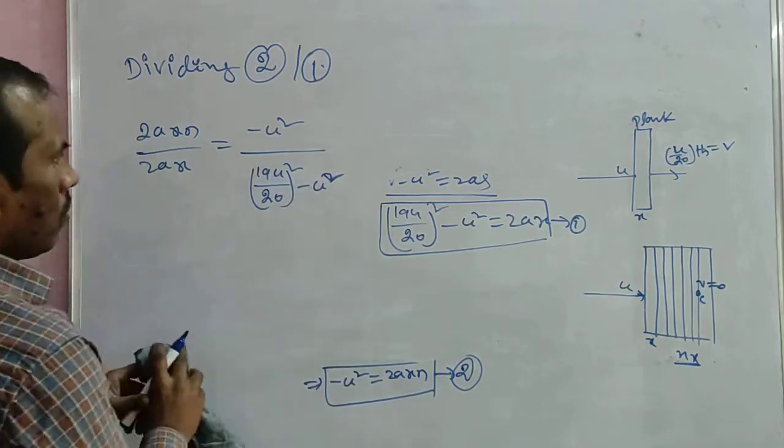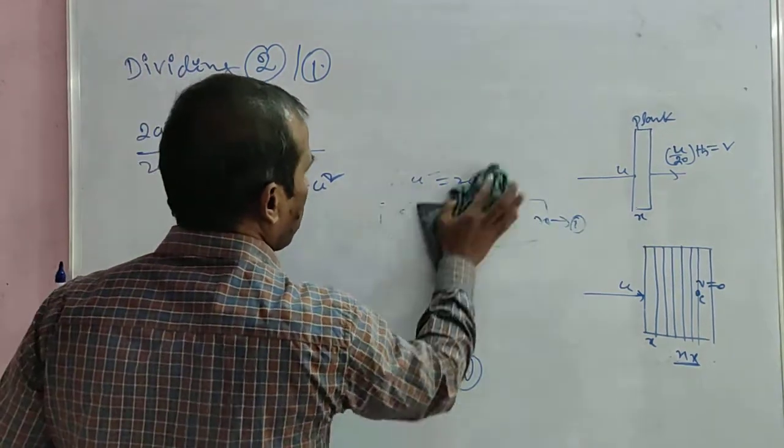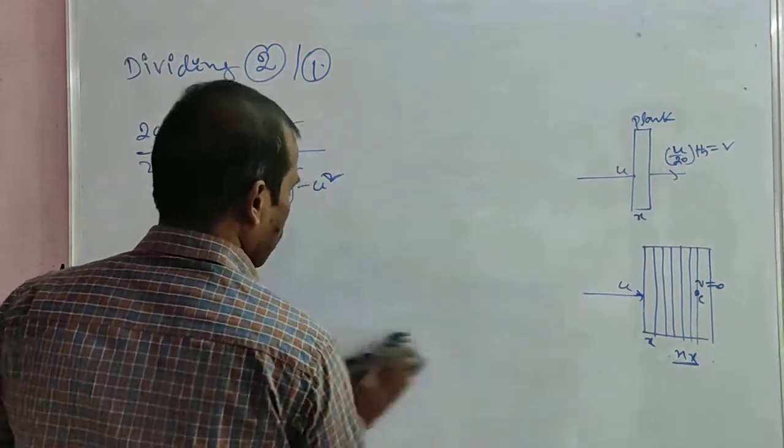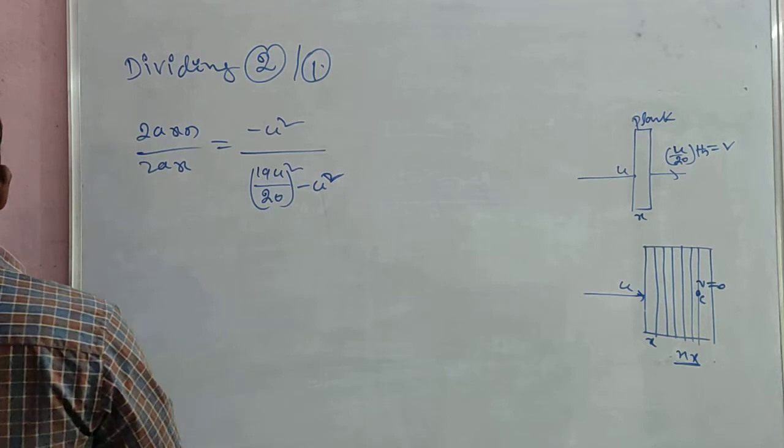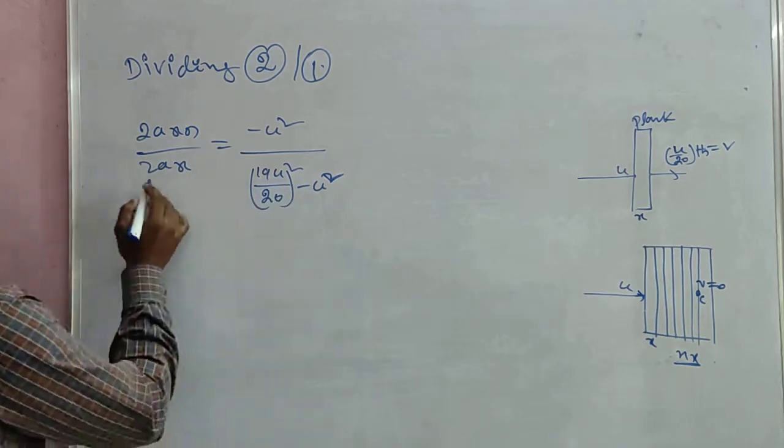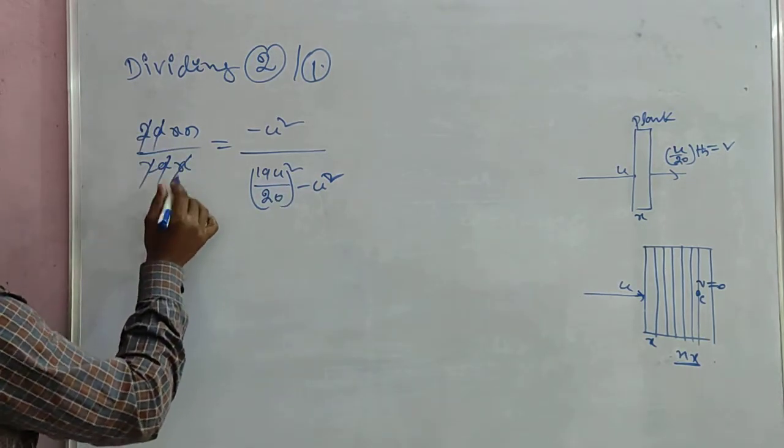Clear. Now equation 2 by 1, and we get the number of planks n is equal to, simplifying, the 2 cancels, a cancels, and x cancels.